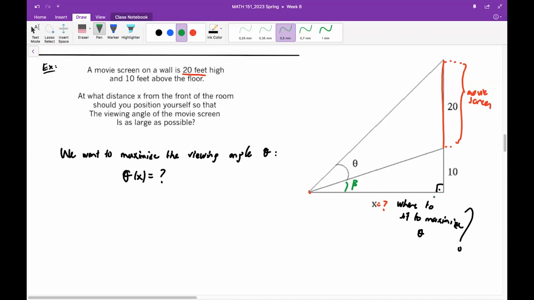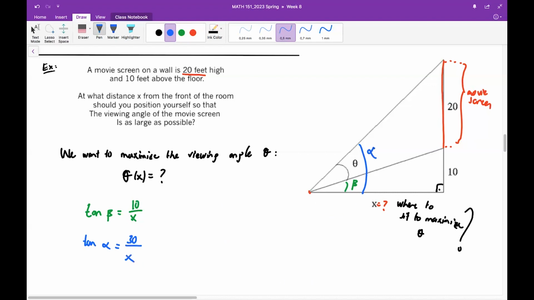How do you relate them? Trigonometric functions relate the angles with the edges of the triangle. So tangent beta is the opposite edge divided by the adjacent one, which is given as x. And similarly, let's call this angle alpha, and then tangent alpha is the opposite edge, which is 30, divided by the adjacent edge x.